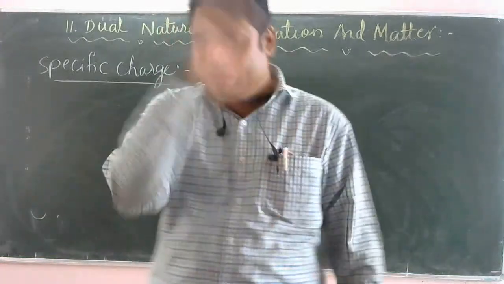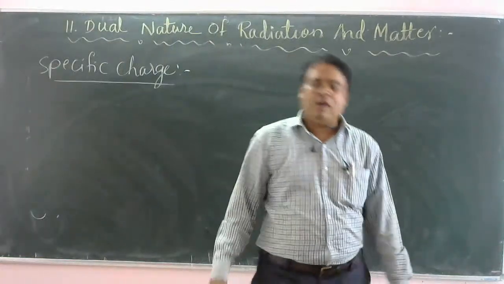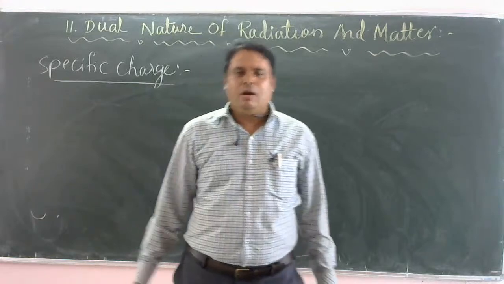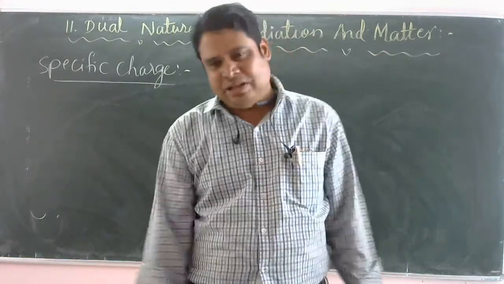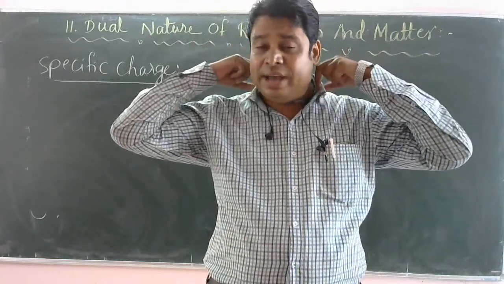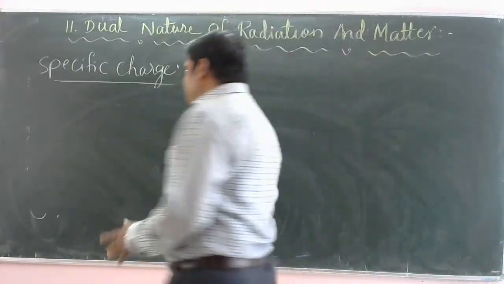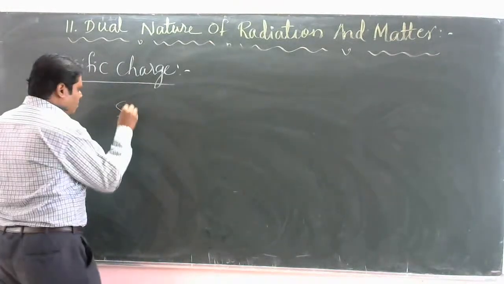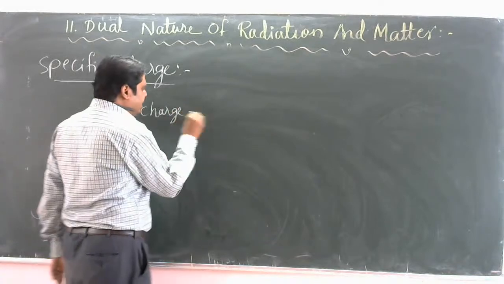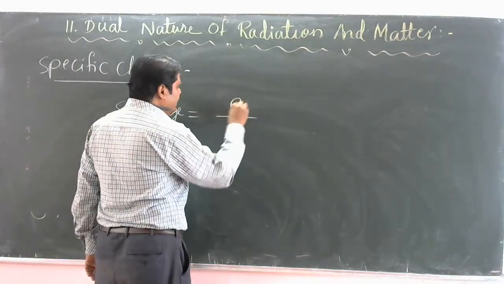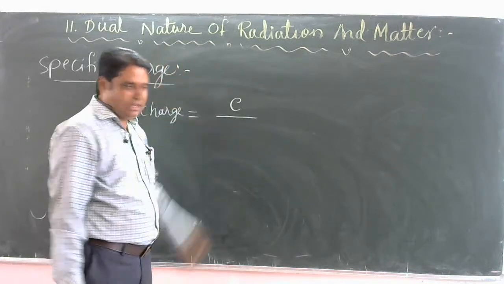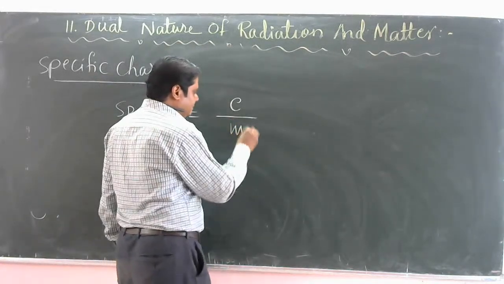Specific charge is actually a big concept. The concept of specific charge was given by J.J. Thomson. We define specific charge as the ratio of the charge of an electron to its mass.